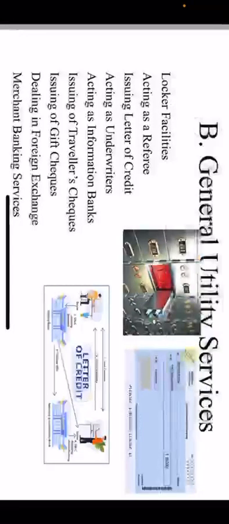Like if I have an account, and let us say Navya also has an account in the bank, and we are business partners. If I say the bank can release my secrecy to the third party, to Navya, about my economic position, the bank can do it. So the bank acts as a referee there.